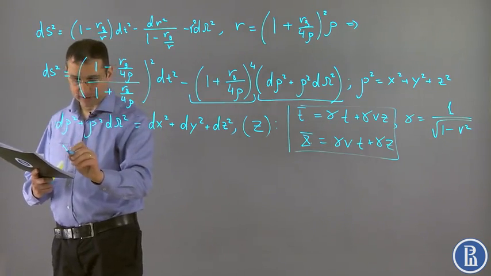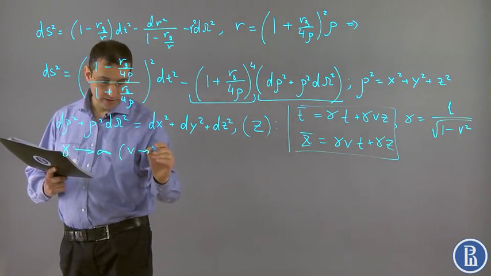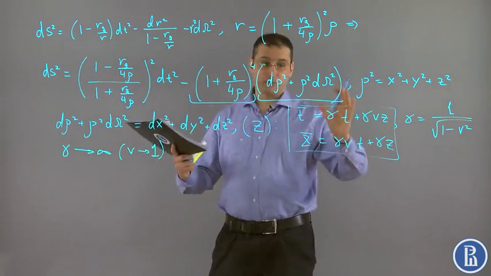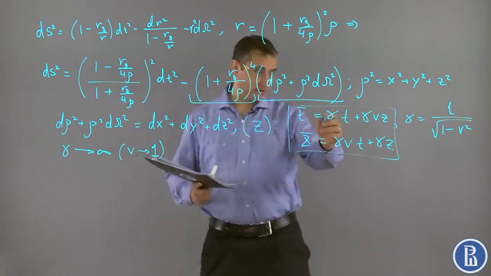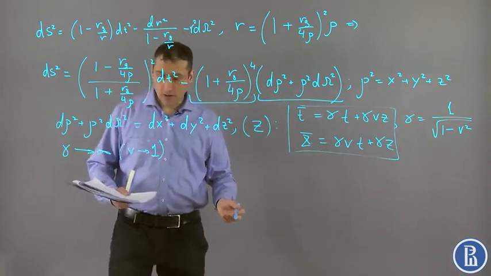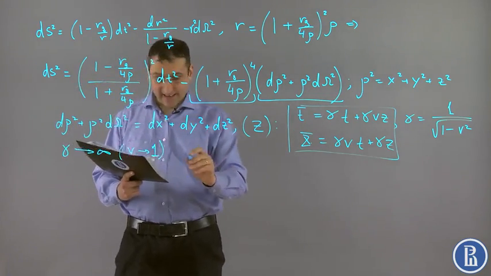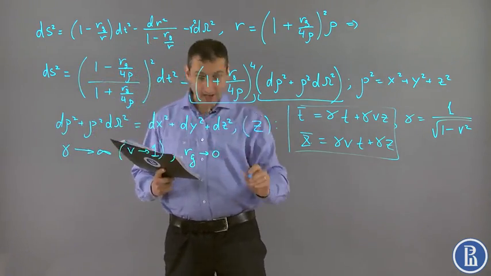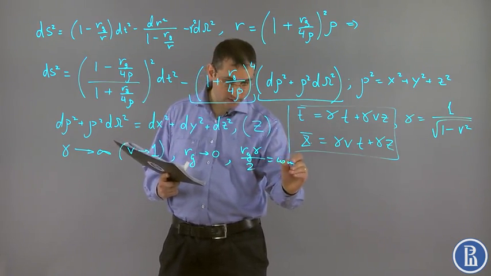But then we want to take the following limit. We want to take gamma to infinity, so v to 1, taking the velocity to the speed of light. The result of this transformation is, of course, a black hole which moves with velocity v. So this was a black hole at rest, and after this transformation we obtain a black hole which moves along the direction with velocity v. Now we want to take this black hole moving with the speed of light. So we take this limit such that the mass of the black hole goes to 0, but r_g times gamma over 2 is a fixed constant.